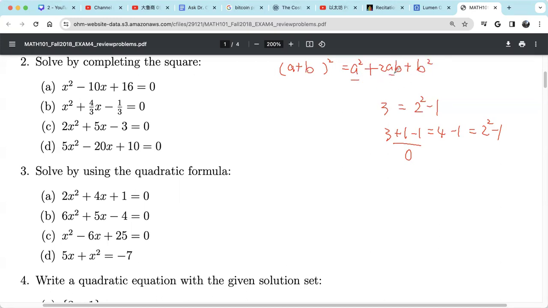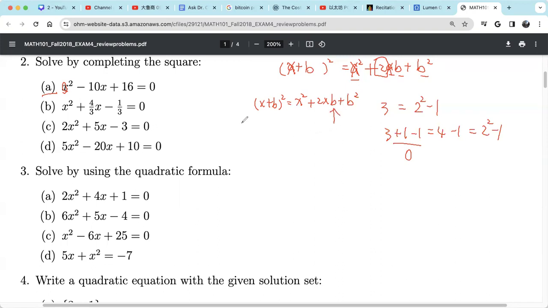The first term, a, we already know is x, so a squared is x squared. We already have x squared. And 2xb, let me rewrite it: (x plus b) squared equals x squared plus 2xb plus b squared. So we want to figure out such a b.